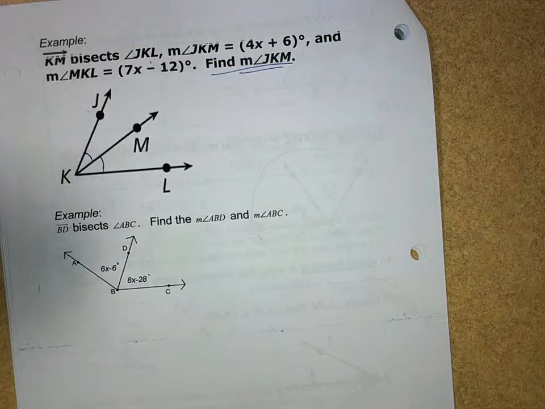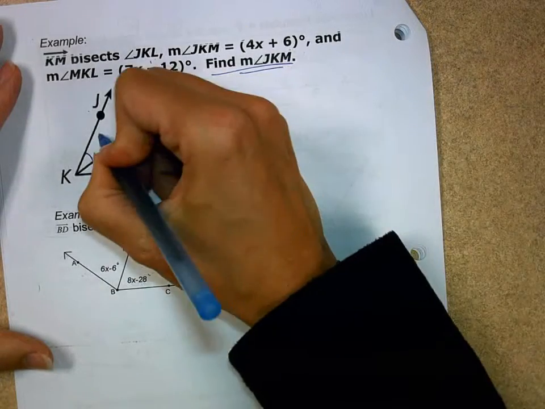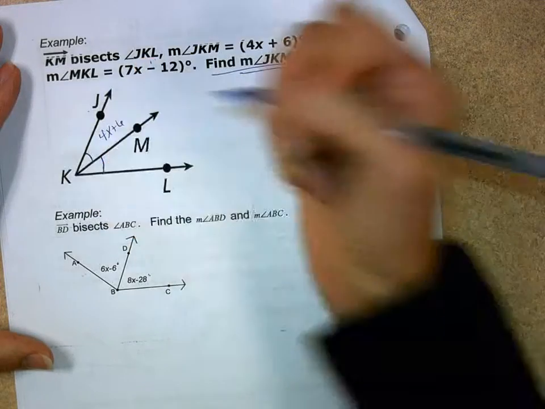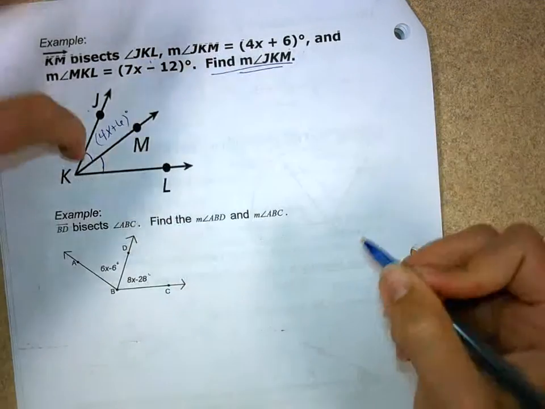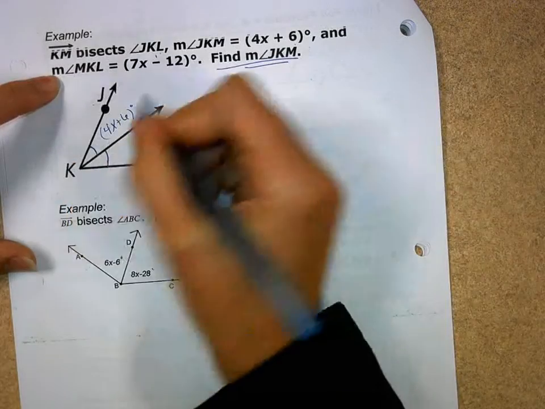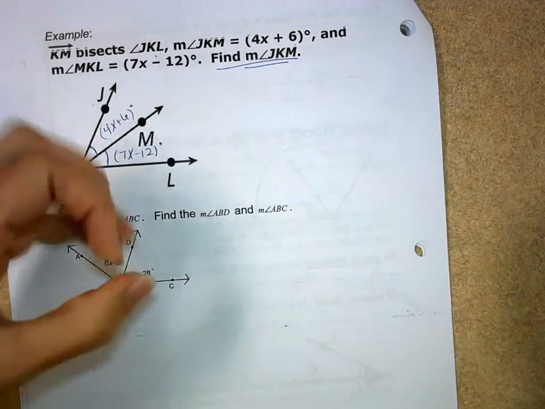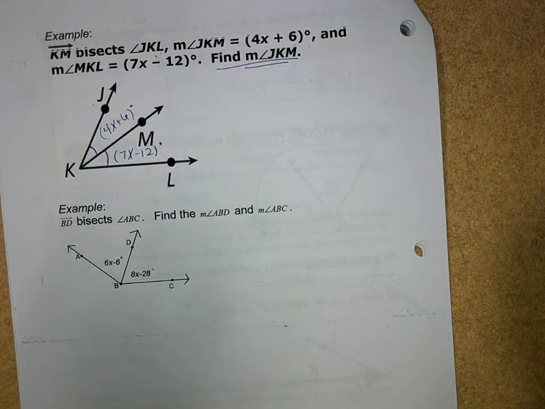I probably shouldn't give you an option not to mark it; you should always do it. And then the measure of angle JKM, this one right here, is 4x plus 6. I'm going to put that in because I know that's the measure of that angle. And my other angle, the measure of angle MKL, is 7x minus 12. This process now gives me a visual aid.